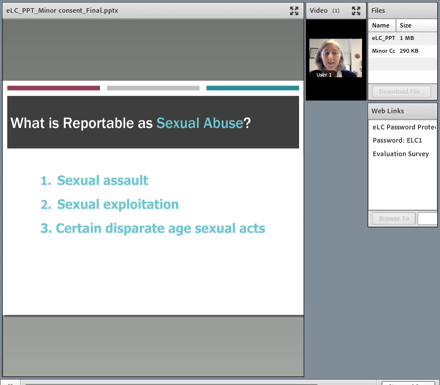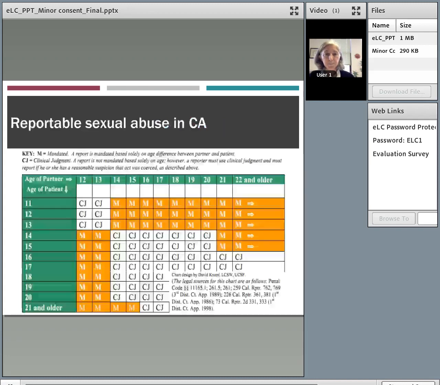And the third category, our state law defines certain disparate age sexual acts as child abuse based on the age difference between the two individuals involved, even if they themselves say that this was voluntary or consensual sexual activity. Hopefully many of you have seen this chart.